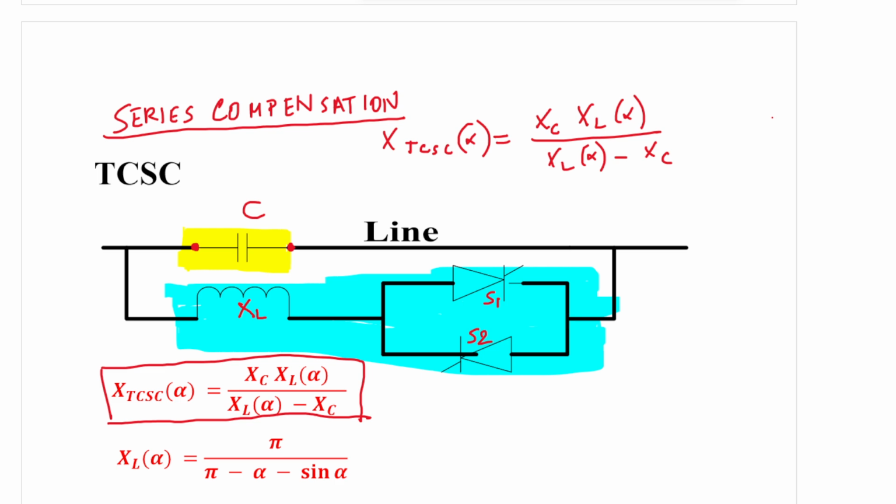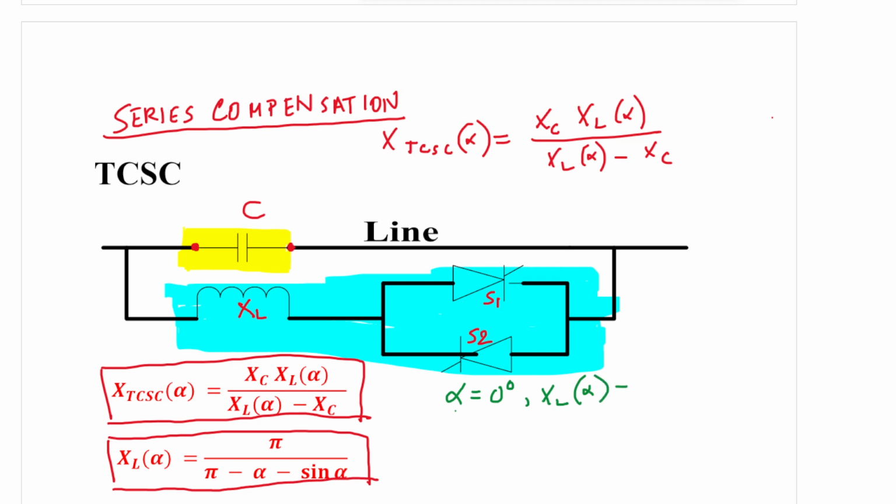Now what is XL alpha? The formula is there. XL alpha is given by this formula. I'll give you 3 to 4 data points. Now if you fire alpha at 0 degree, your XL alpha becomes only XL, because sin 0 is 0, so pi by pi is 1, so XL alpha becomes XL.